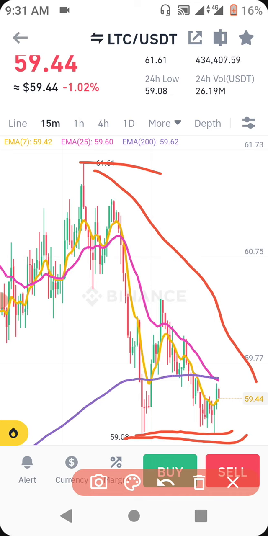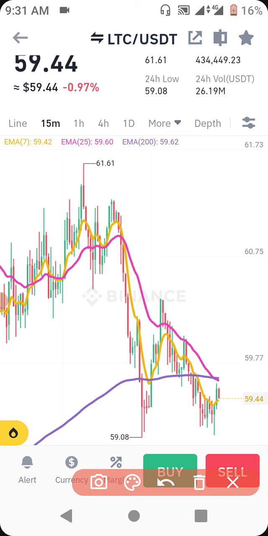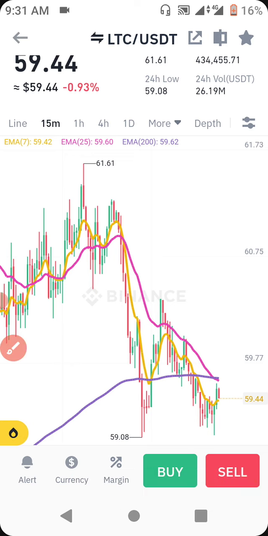So you know that an up wave is coming. This Litecoin is going to move upward very soon. That's what I mean by up wave. That's what we are expecting the Litecoin to do.